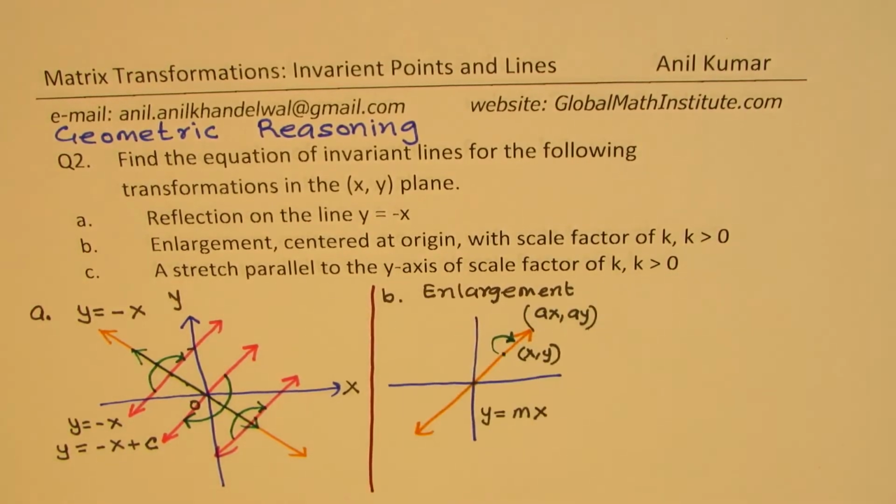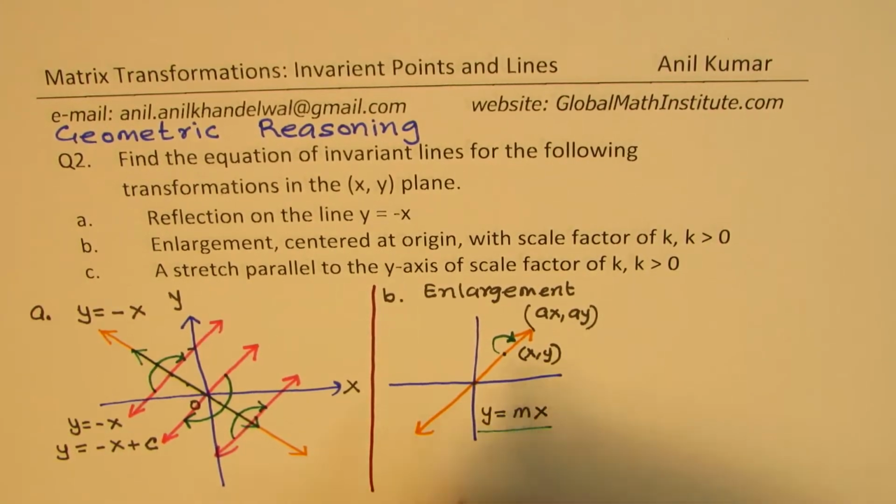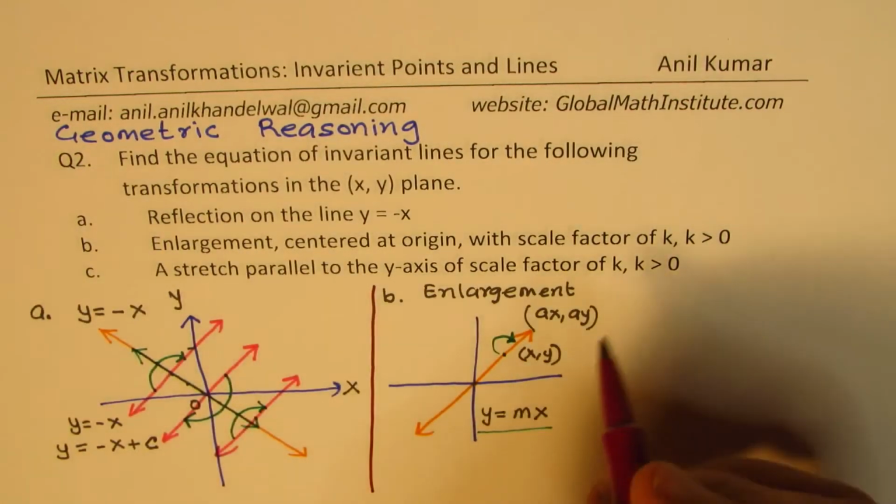Does it make sense to you? Since the points remain on the line itself, we notice that we will get an invariant line. Perfect. So that becomes our answer for this situation: all the lines going through the origin, of the form y equals mx, will be invariant lines in this particular case. Clear?